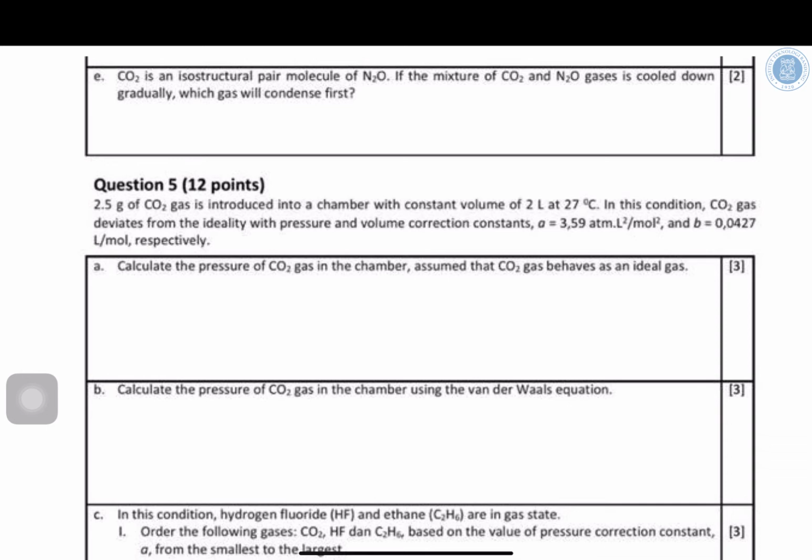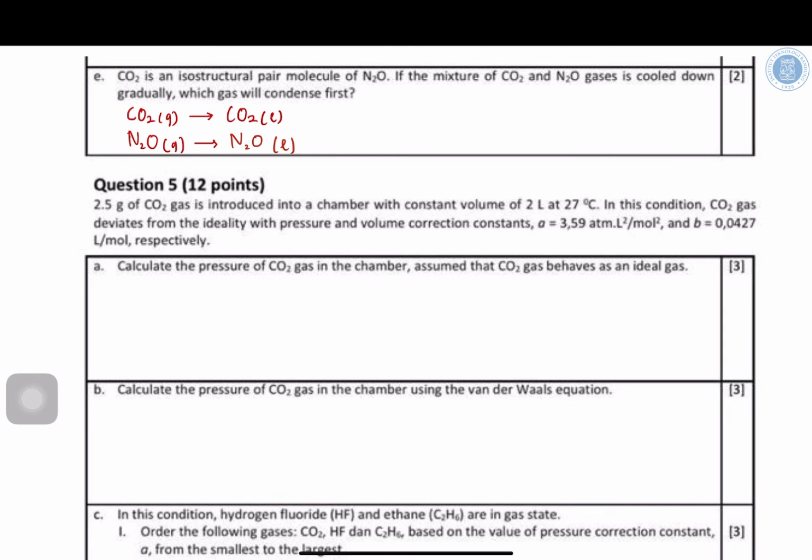So for example, here I have CO2 and N2O. CO2 from gas changes into liquid, and the other one, N2O, from gas also changes to liquid.